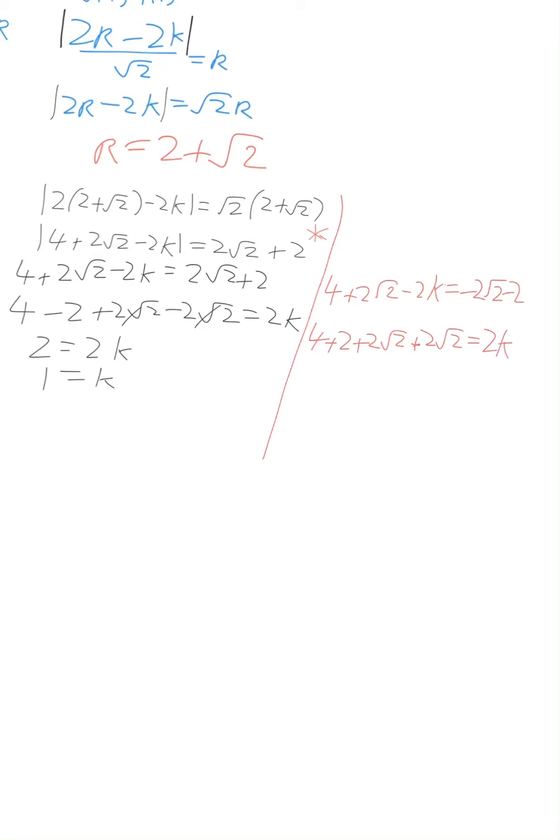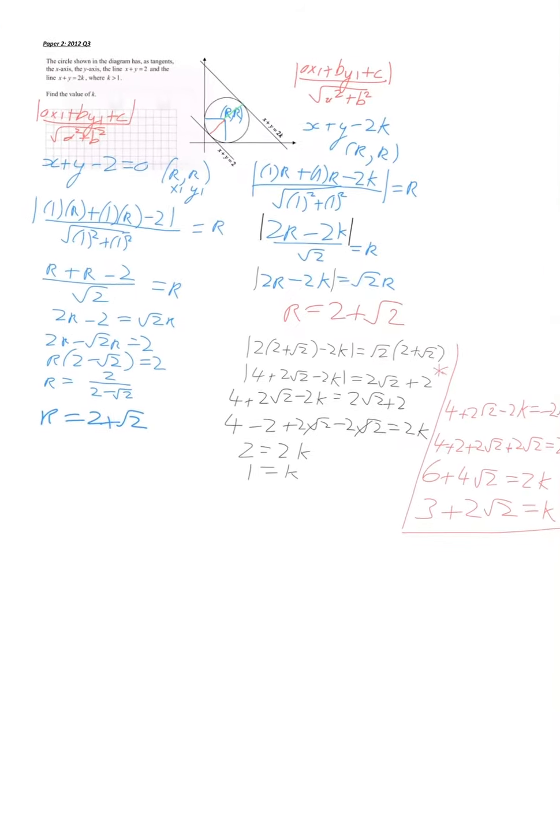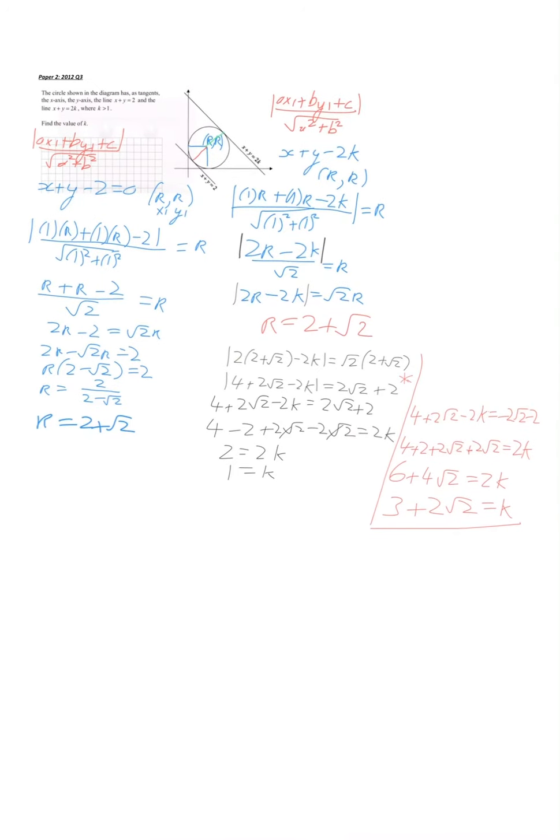So now I have 6 plus 4 root 2 equal to 2k. Then divide by 2. So now I'm going to have 3 plus 2 root 2 is equal to k. And this now is my value for k. Okay, and that's the final answer then.